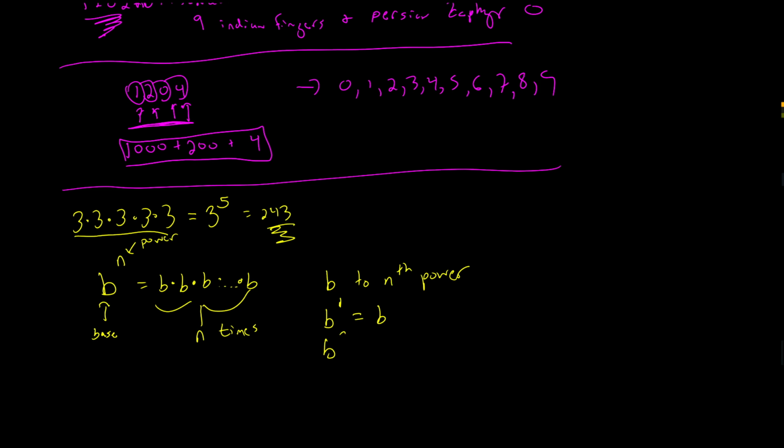If I have b to the 0 power, well, I have a series of multiplications with no b in it. But in front of all multiplications, we can think that there's a multiplying by 1. So I'll take that 1, and then I'll put 0 b's to it. And so anything to the 0th power, notice I said 0th power, is equal to 1. And this is going to help us.